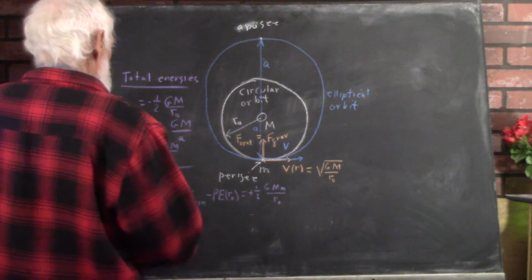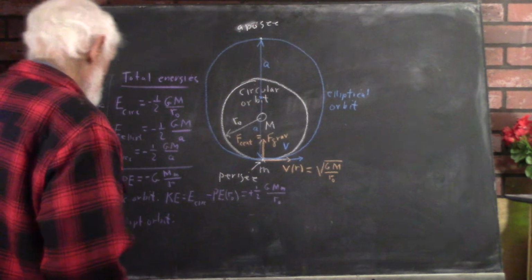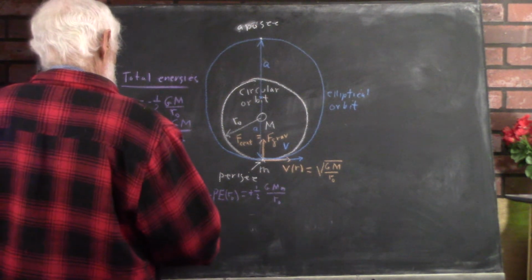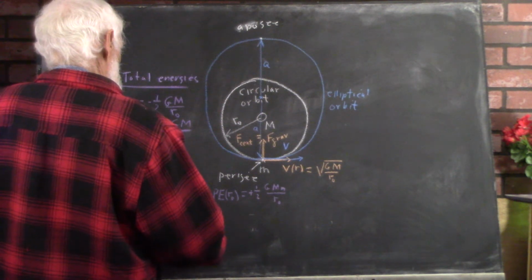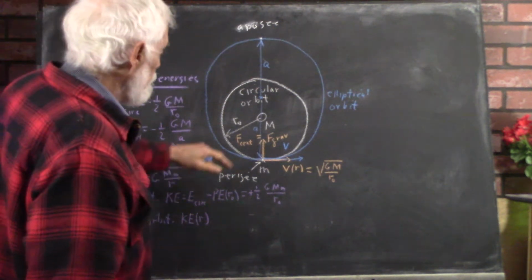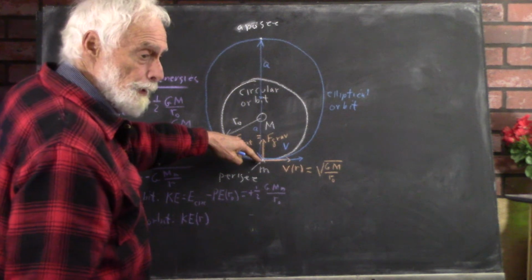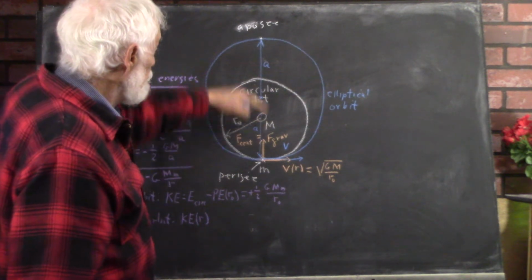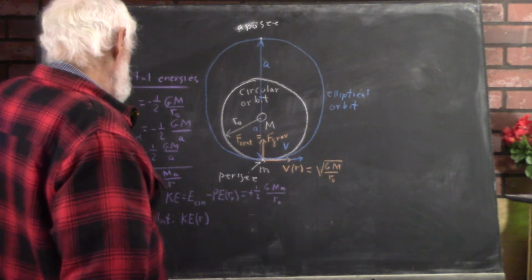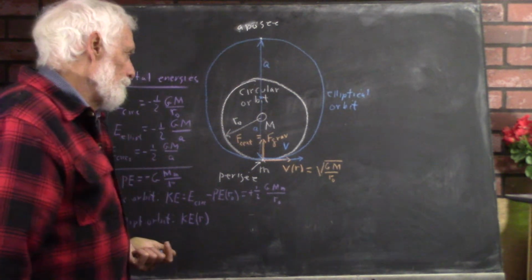Now we did this one last time for the elliptical orbit. The kinetic energy in the circular orbit is always the same because R naught doesn't change. In the elliptical orbit, kinetic energy at, excuse me, distance R, where R is some distance between the distance of the perigee, which is R naught, and the distance of the apogee, which is, I mean, you can work it out.